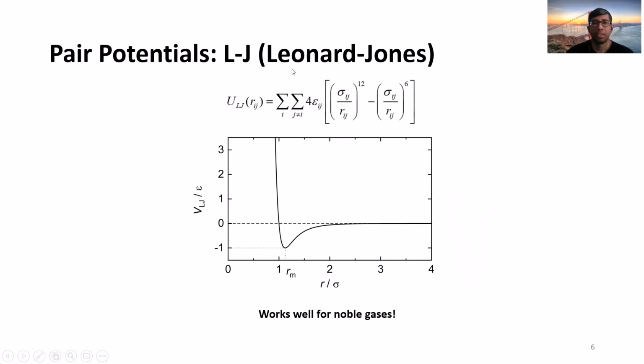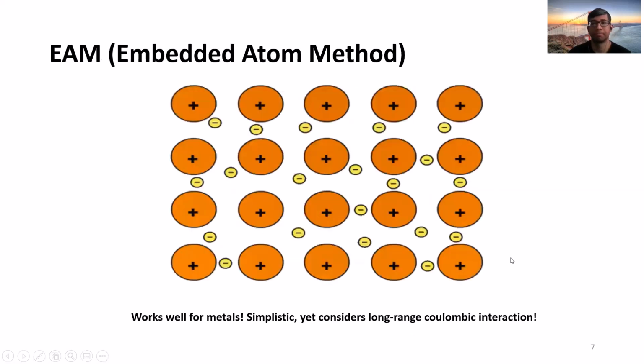In Lennard-Jones potentials, it only considers the attraction and repulsion between, let's say, atom I and atom J. That's why it has only attraction and repulsion terms, and it only works well for noble gases.